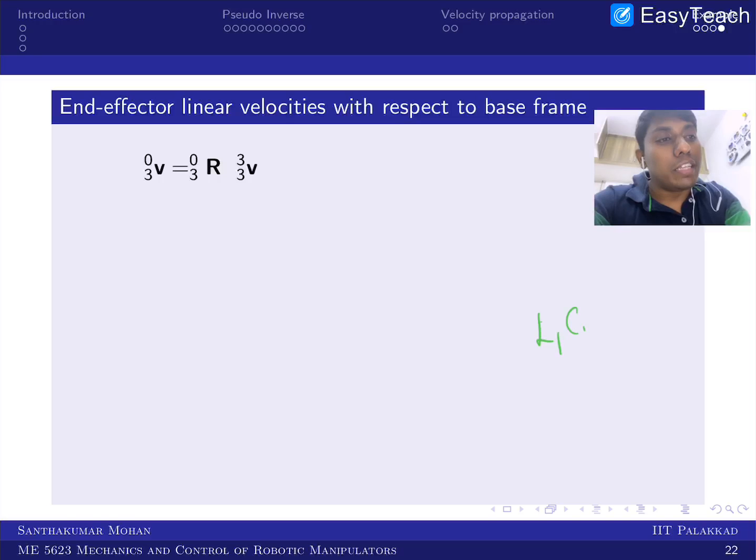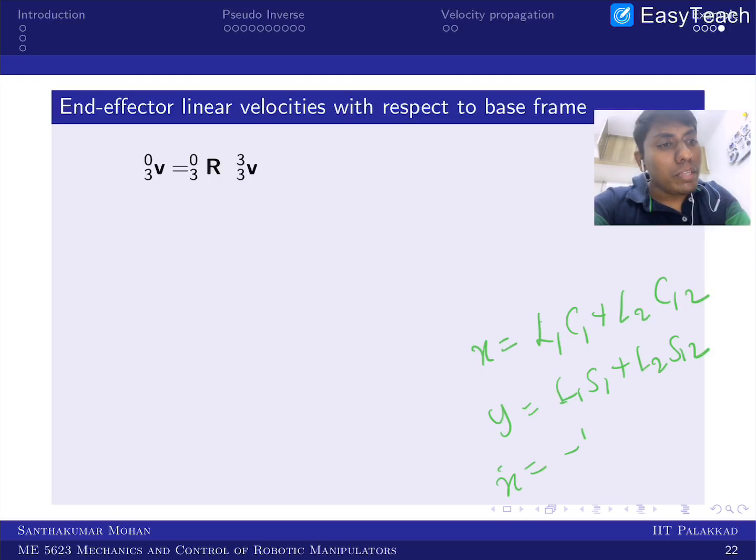So L1 C1 plus L2 C12 is your x, and y is L1 S1 plus L2 S12, and if I differentiate, x dot would be minus L1 S1 minus L2 S12, and it is the time derivative, then this is theta 1 dot, and this is theta 1 dot plus theta 2 dot, right?